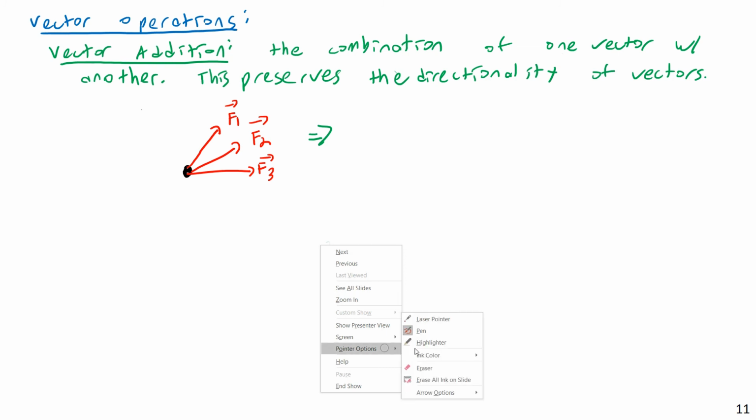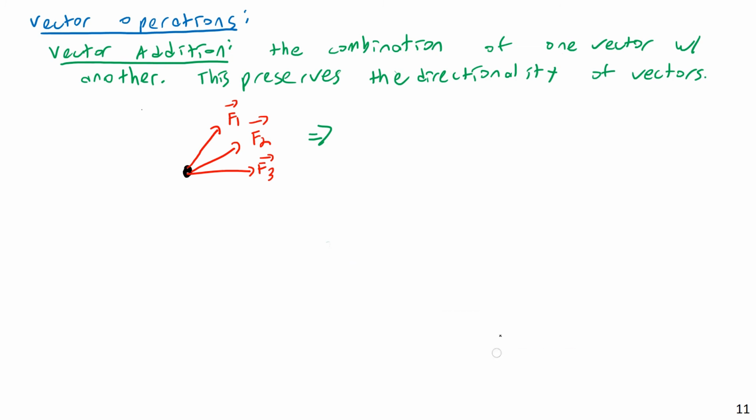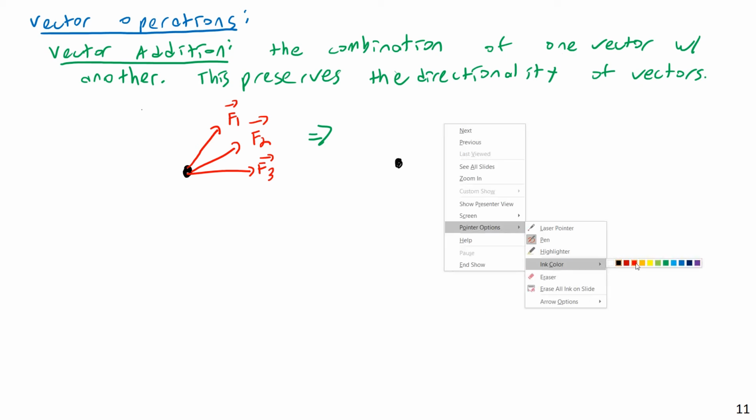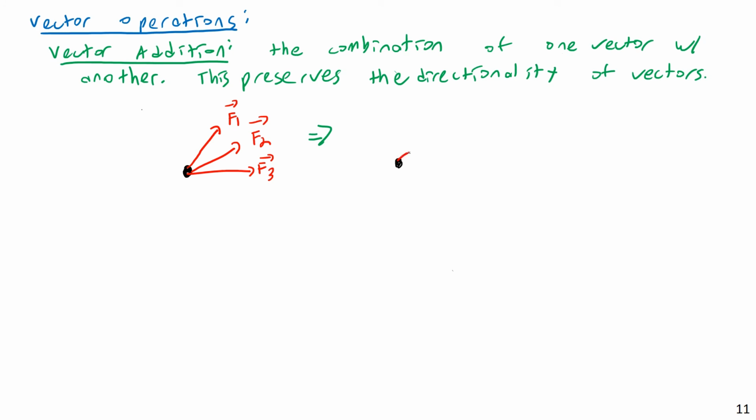What I would want to find is a single F net, or net force, that represents the vector summation of all of these. And again, this is something you hopefully are familiar with from earlier courses, but I'm just spelling it out again and reviewing it in perhaps greater detail than what you've seen before.